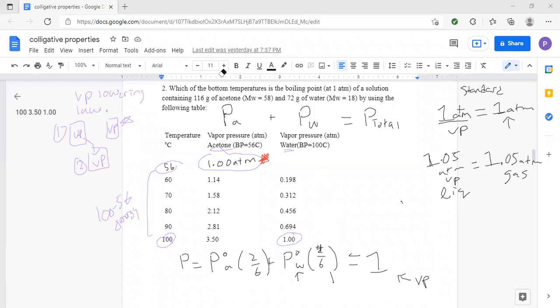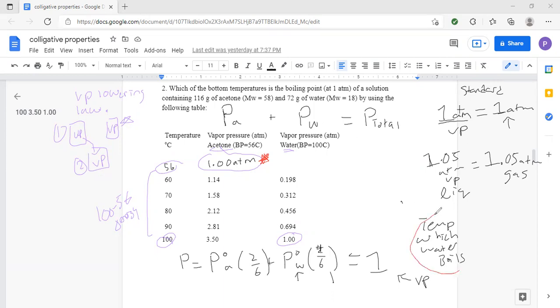So now let's look at the pure pressure of acetone and the pure pressure of water. We have to use the one at the temperature at which water boils. Why? Because water boils at 1 atm, and that's what the question's asking for, right?